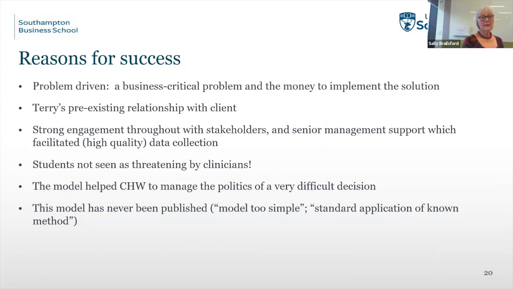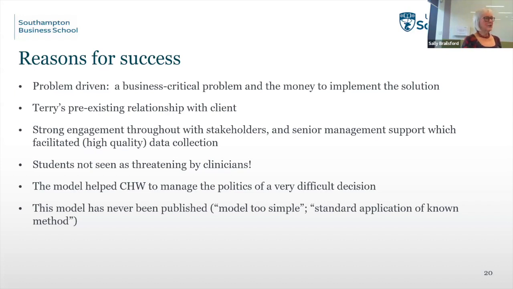We had fantastic engagement from the hospitals, lots of good data. One of the key things was that the students weren't seen as threatening. If the hospital had brought in PwC or Deloitte or whoever, they might have got a different reaction from the doctors. The students were just able to go around asking all sorts of questions.